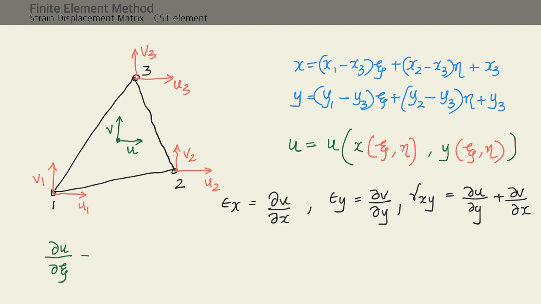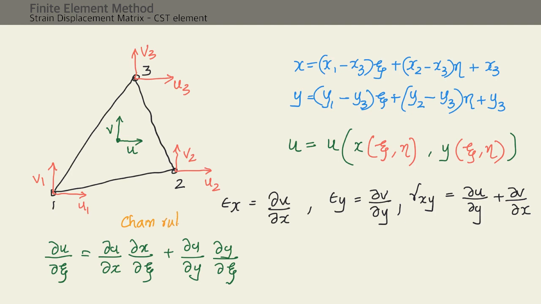Using chain rule, we can write dou u by dou psi as dou u by dou x into dou x by dou psi plus dou u by dou y into dou y by dou psi. This is the chain rule, given the fact that u is a function of x and y, and x is a function of psi and eta.